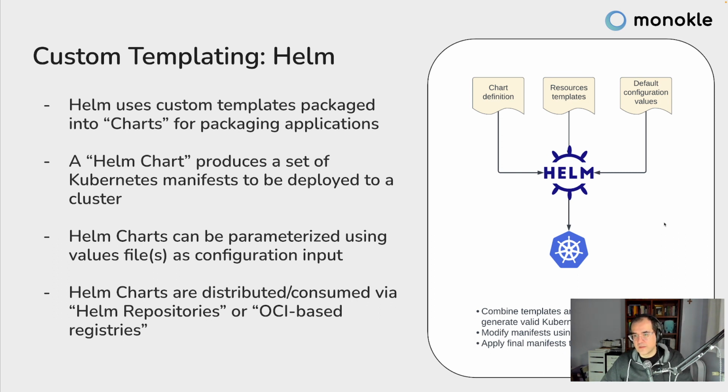Another thing that is happening lately is that Helm now supports OCI-based registries. So if you have an OCI-based registry, you can store your Helm chart definitions in that registry. You don't need to use a specific Helm repository, although both are supported by Helm right now.